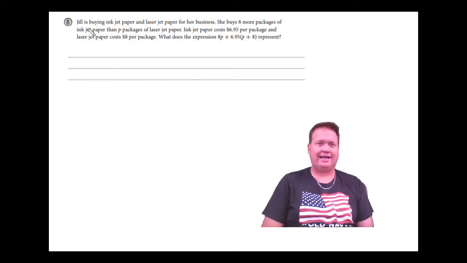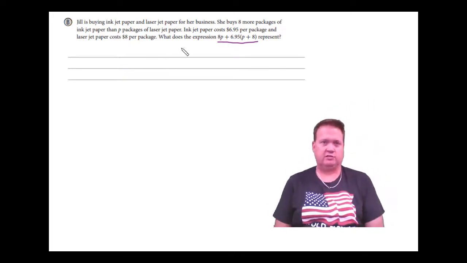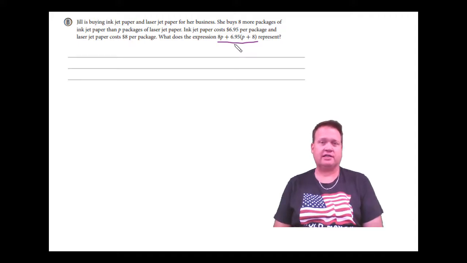Let's take a look at this second scenario. They're giving us context for this expression right here. Now, I see 8P, and since I see some money, that tells me I'm paying $8 per package for something. And over here, I see $6.95, which means I'm going to pay $6.95 for something.